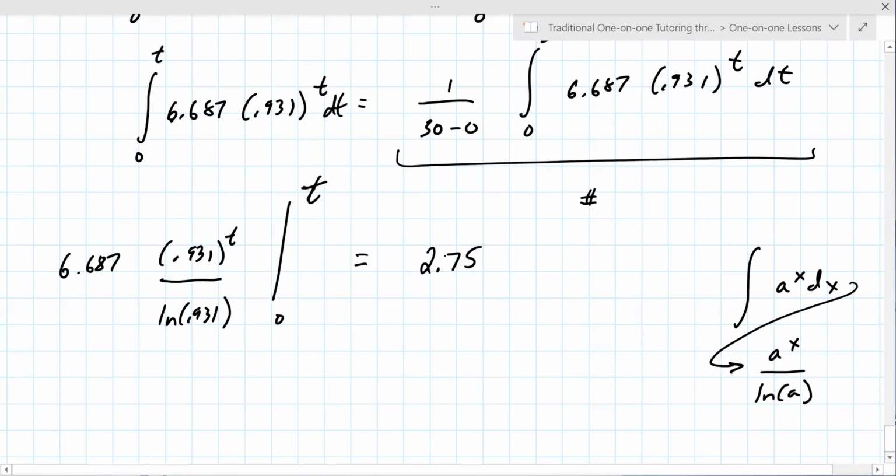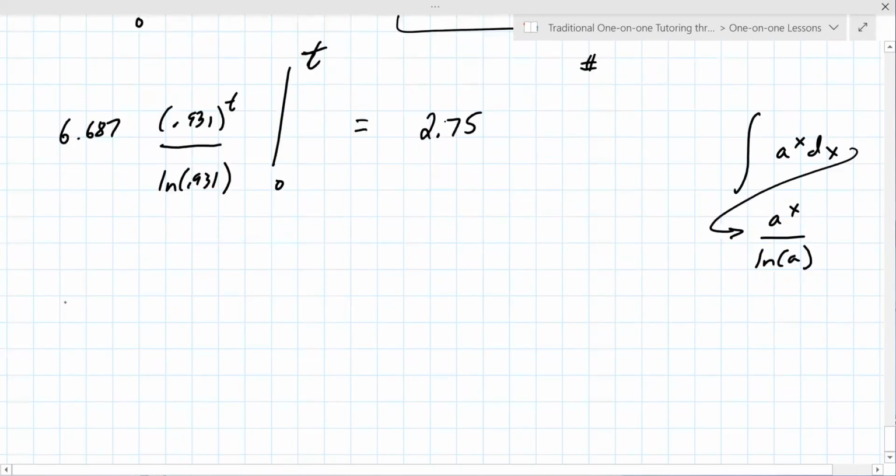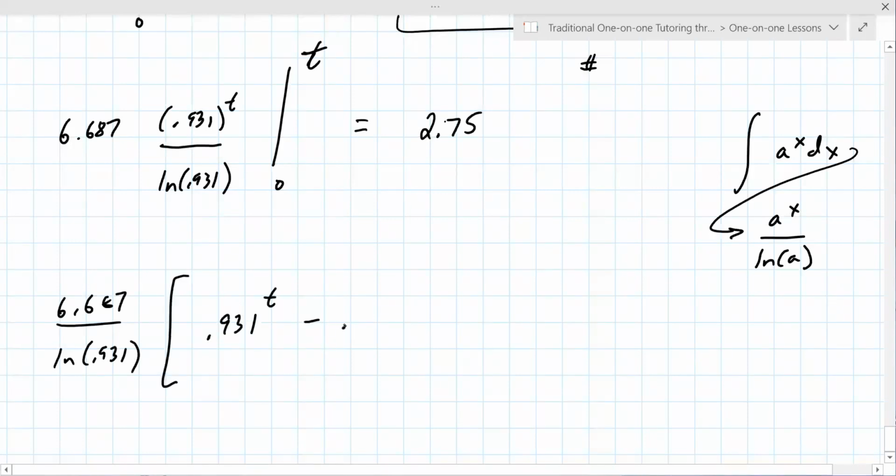When you evaluate it, the 6.687 is the same, and you can bring that out, not the bottom here. So it's really 0.931 to the power of t minus 0.931 to the power of 0 equals 2.75.